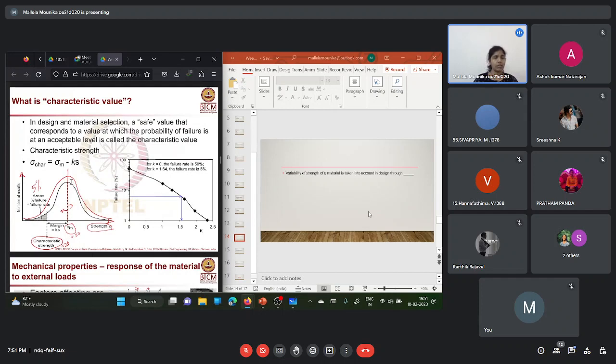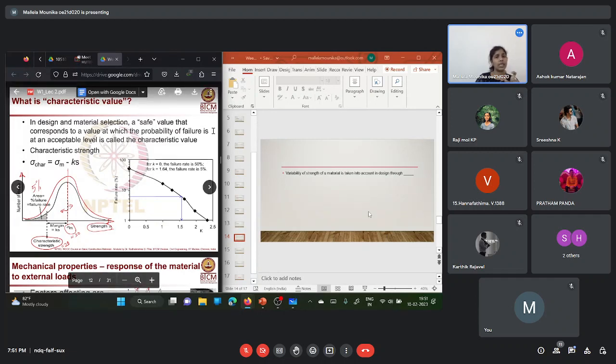What is the characteristic value? This is the mean value. The value that corresponds to a probability of failure at an acceptable level is called a characteristic value.